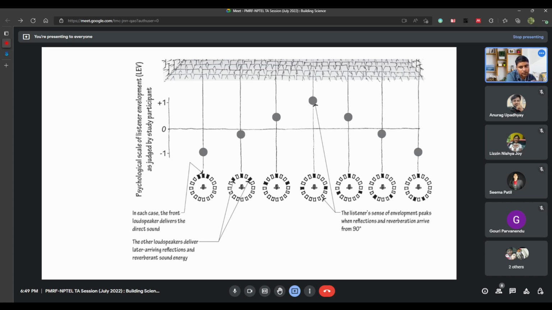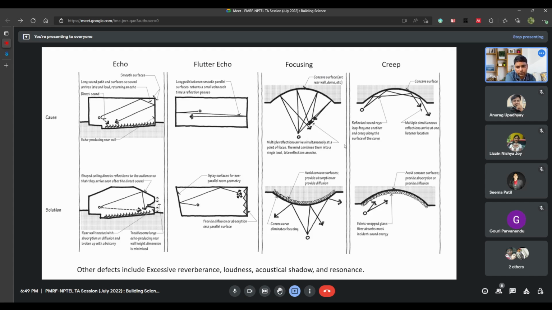So the central one, where you have a point source in front of the listener and two other point sources at the sides, yields the highest envelopment.